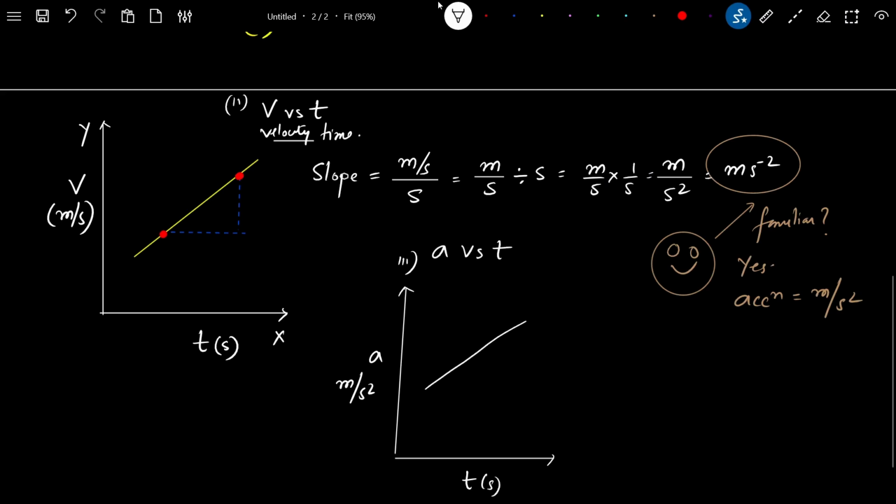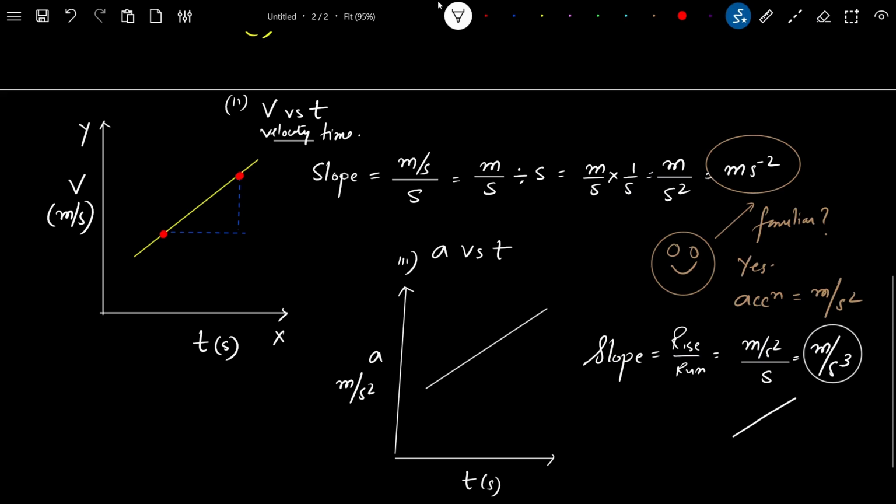So let's have a plot like this, and now ask ourselves, slope is equal to rise over run, and then I plug in my units out here. So I get a meter per second square divided by second, so I get a meter per second cube. And I ask myself at the very preliminary stage where I am right now studying kinematics, is this familiar to me? My answer would be surprisingly no, this is not familiar.